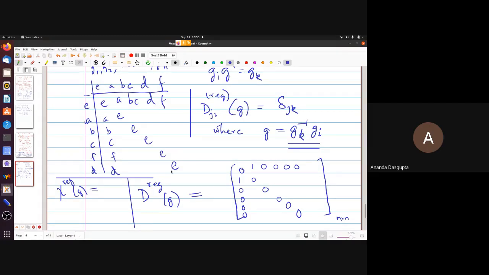Okay. And since that is the case, what is the trace for any of these? It's going to be 0, because all the diagonal elements will have to be 0, as long as the group element is not E. And if it's E, it has to be N. Is that okay?